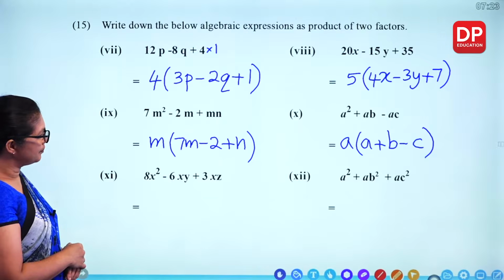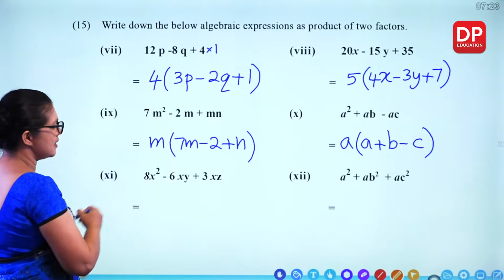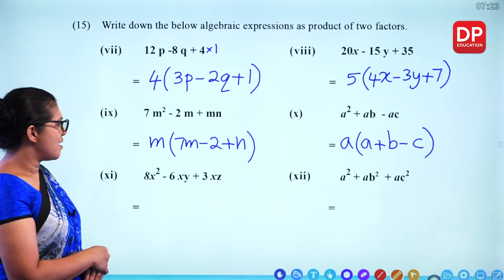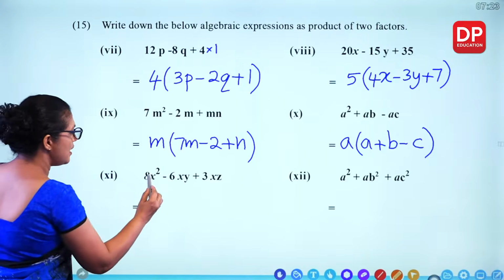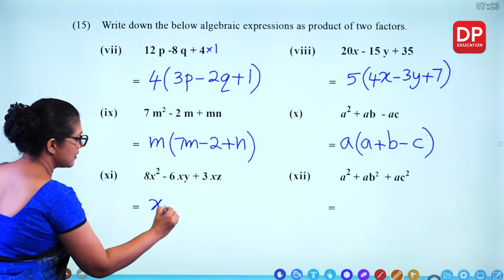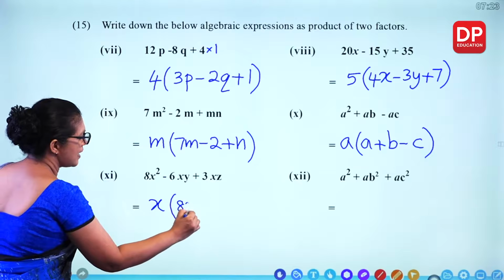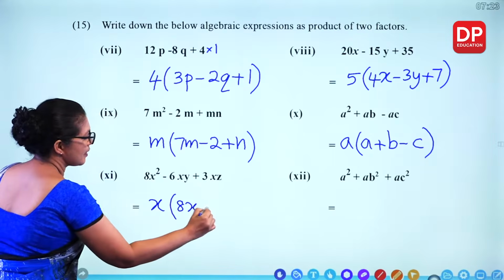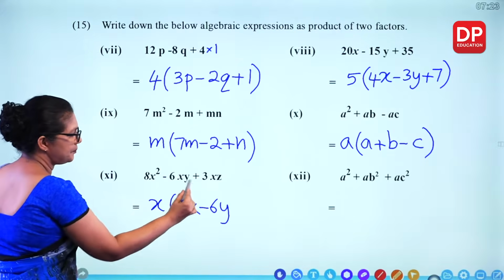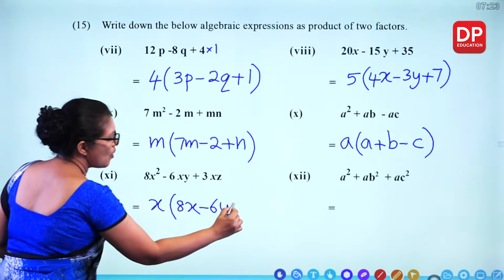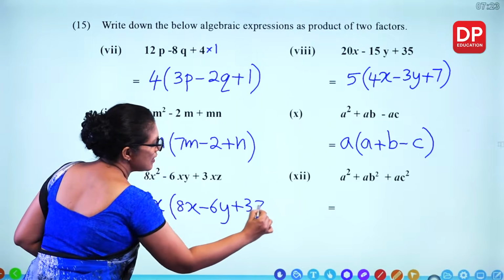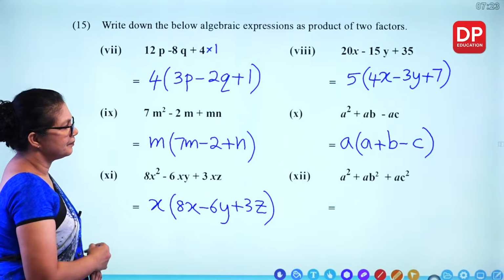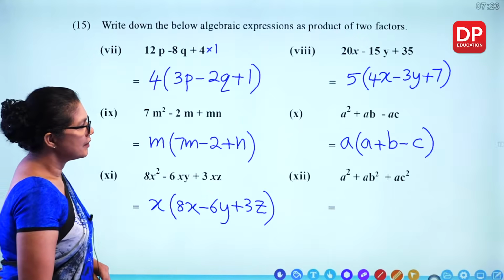This one, 8, 6, 3. There are no common numbers. Only x you can take. So 8x, 6y. And when you take x out, that's 3z. What about this one?